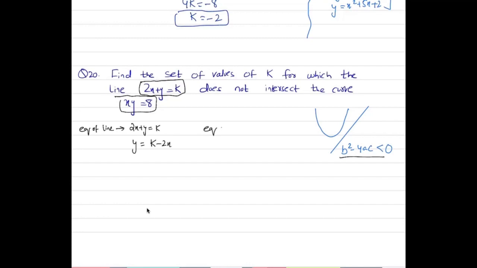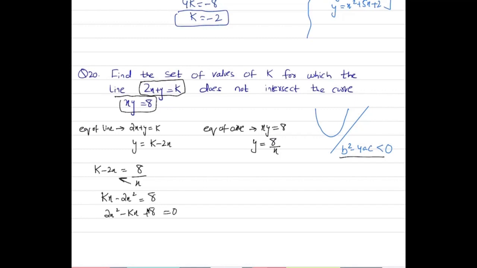From the equation of the curve, xy equals 8, y equals 8 upon x, right? Now you can equate the equation of the line with the equation of the curve, and you get a quadratic equation. When you multiply, you get kx minus 2x squared equals 8. So 2x squared minus kx plus 8 equals 0.